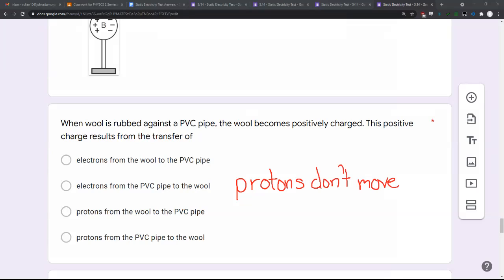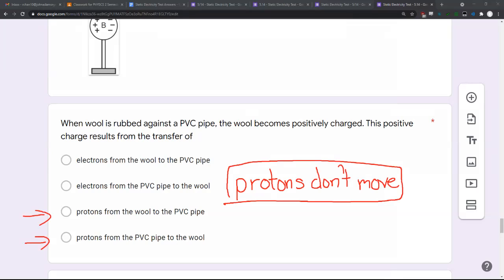I think I've said this many times. Answer choices 3 and 4 are saying protons are moving. So if you remember this fact, you already eliminated 2 of the choices.